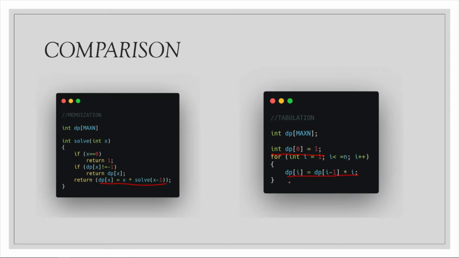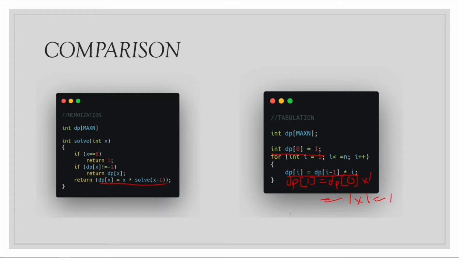Let's see, for i is equal to 1, dp of i, where i is equal to 1, will be dp of 0 into 1, and here we have dp of 0 is 1 already, so 1 into 1.